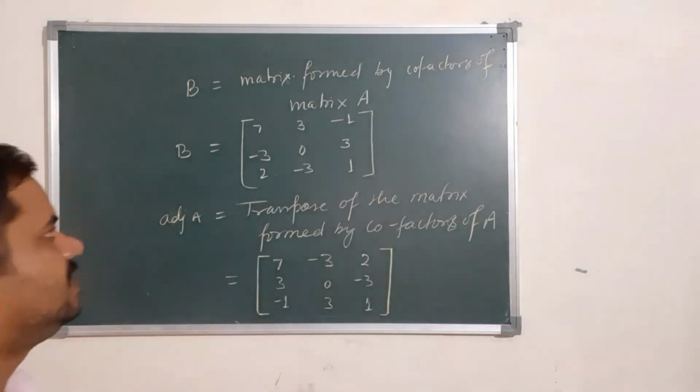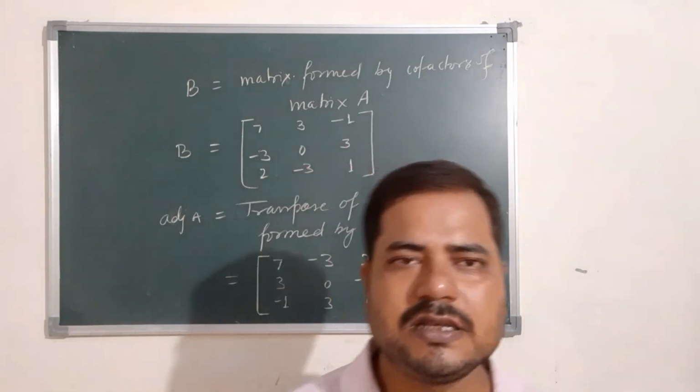This is the transpose of matrix B, and this is the adjoint of A.